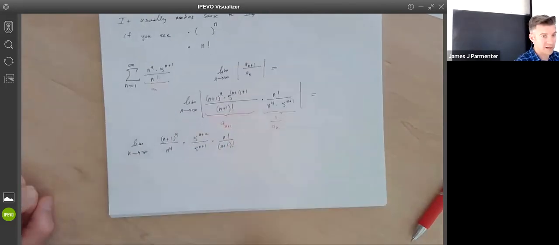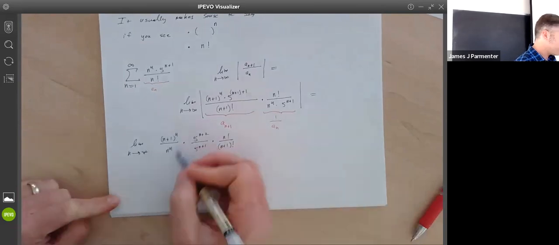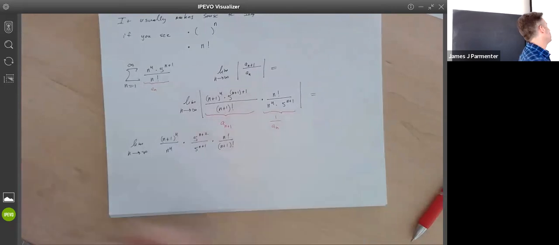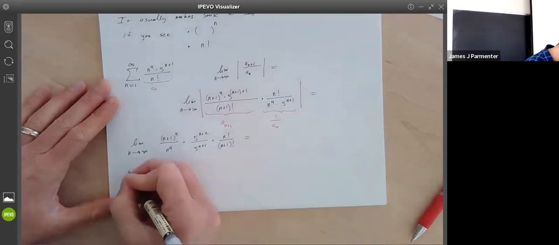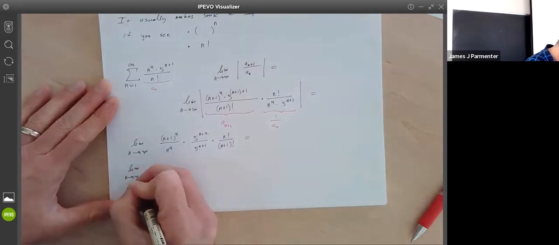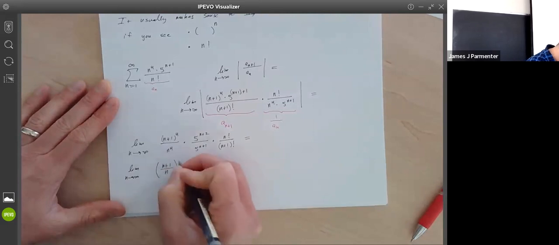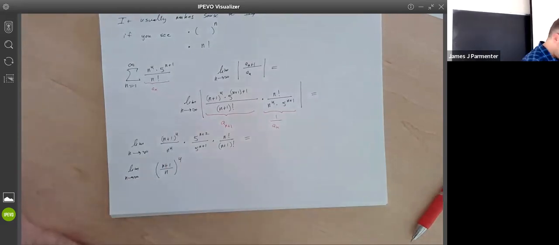This is definitely what we want to do, and then we want to simplify. Now, this first part doesn't really simplify: n plus 1 to the 4th over n to the 4th. There are two things you could do, but the nicest thing is to write it as n plus 1 over n, all to the 4th.